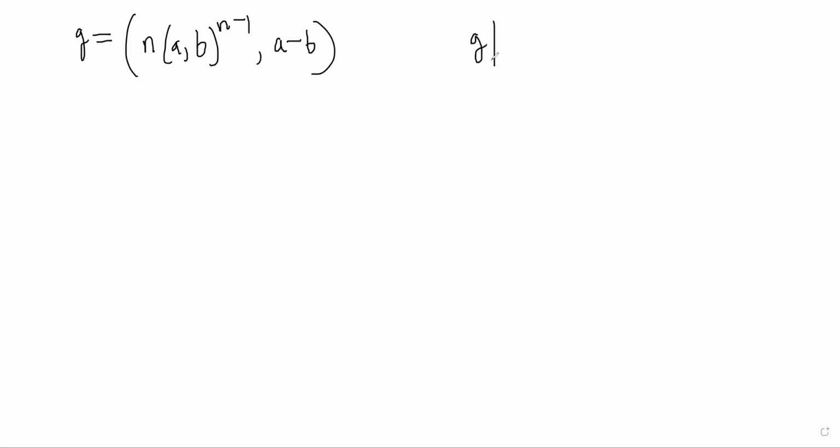We know that g was equal to n times GCD of a and b power n minus 1 and a minus b. And therefore, we know that g divides n times GCD of a and b power n minus 1, right?